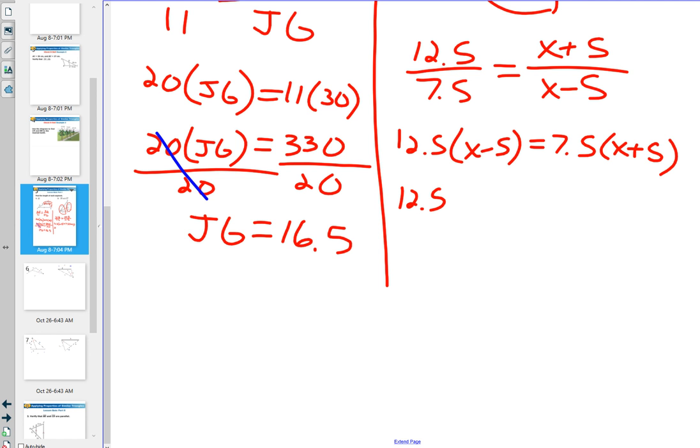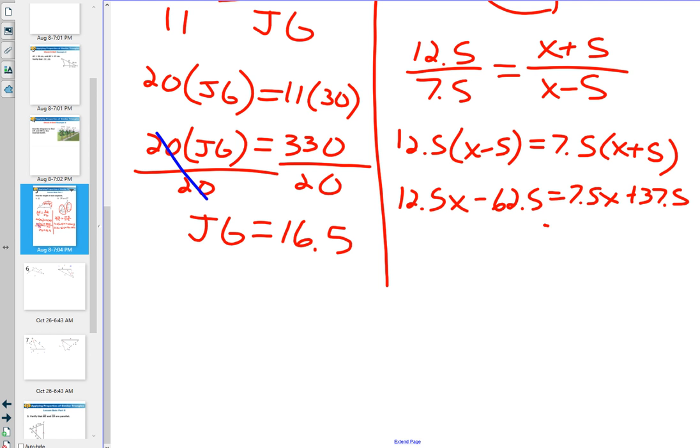So 12.5x minus 62.5, 12.5 times negative 5, equals 7.5x plus 37.5.